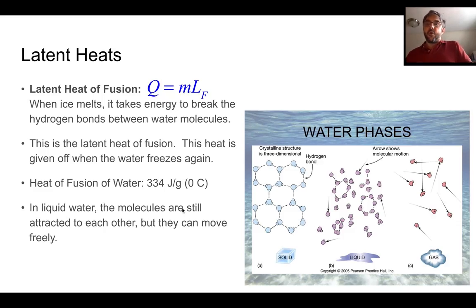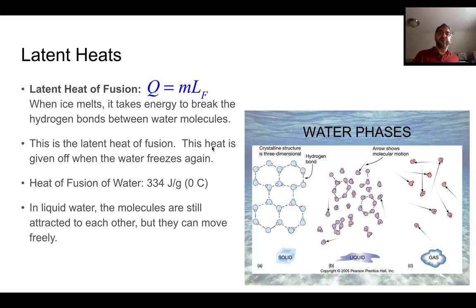A little bit more about latent heat of fusion and latent heat of vaporization. For the latent heat of fusion, the equation that we typically use is that the heat needed to melt some mass of ice is that mass times the latent heat of fusion. Again, for water, it's 334 joules per gram.